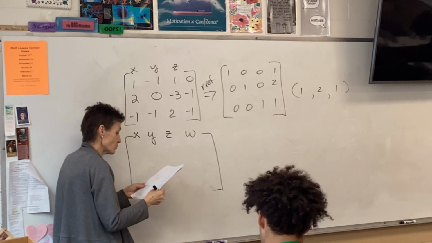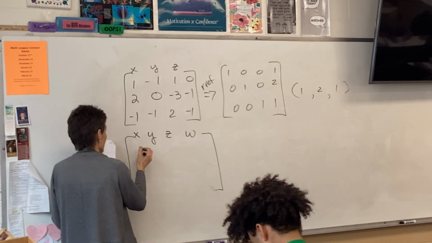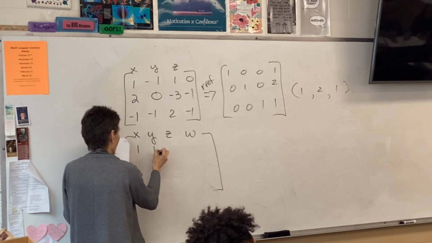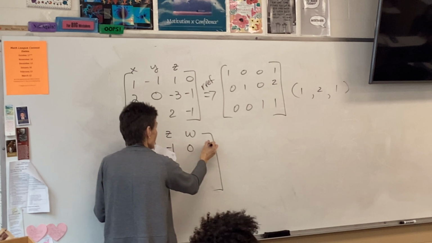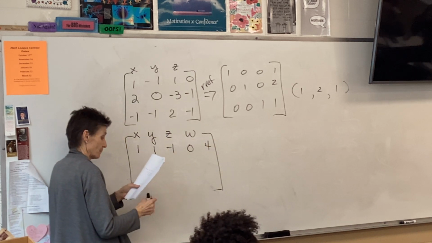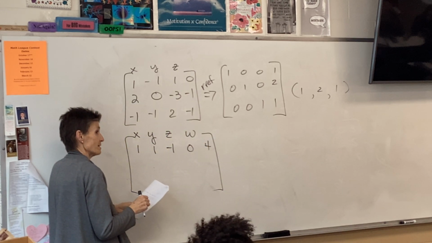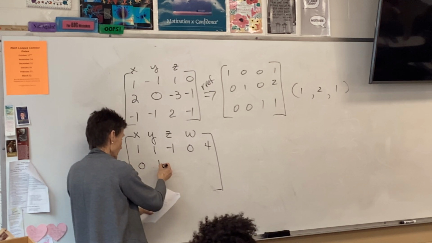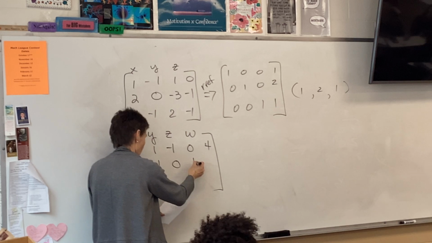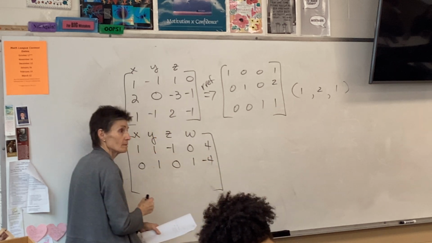So what is that first equation gonna be? 1, 1, -1, 0, 4. What's the next one? 0, 1, 0, 1, -4.